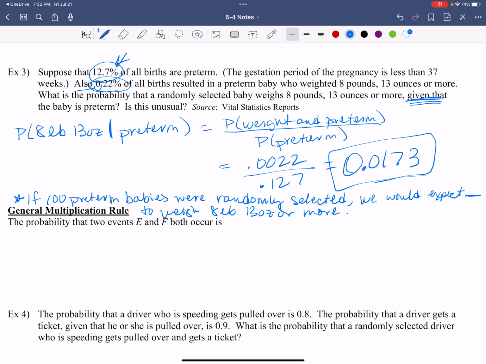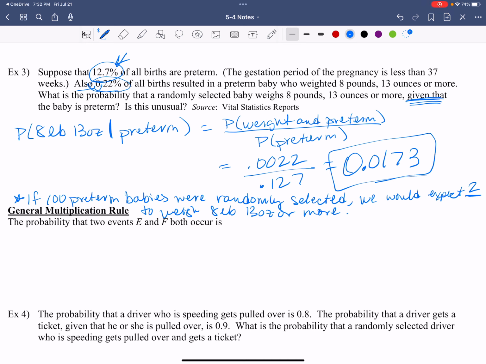How many? 100 times, 2 zeros, 2 places. If I'm looking at this at 1.7, what does that round up to? 2. So we would expect 2 out of 100 preterm babies to weigh 8 pounds, 13 ounces or more, right? Okay, yeah, preterm and still 8 pounds, 13 ounces.